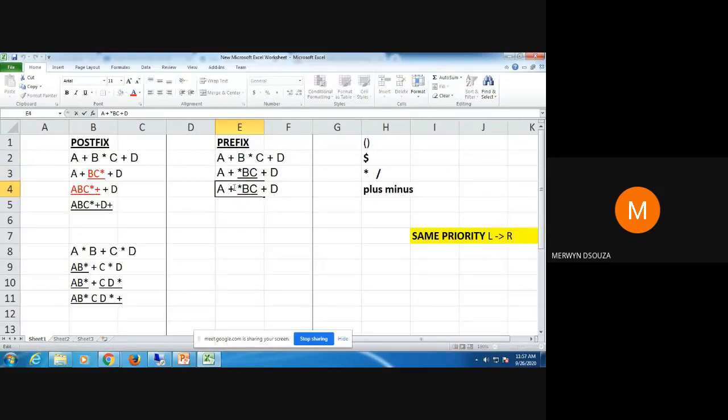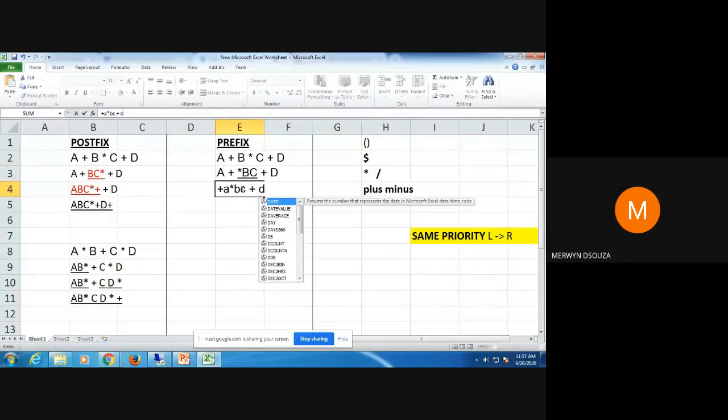So this plus will be placed here. And since you have solved this, you can underline. It will be like this: plus A multiply BC, plus D. So this part has been solved.